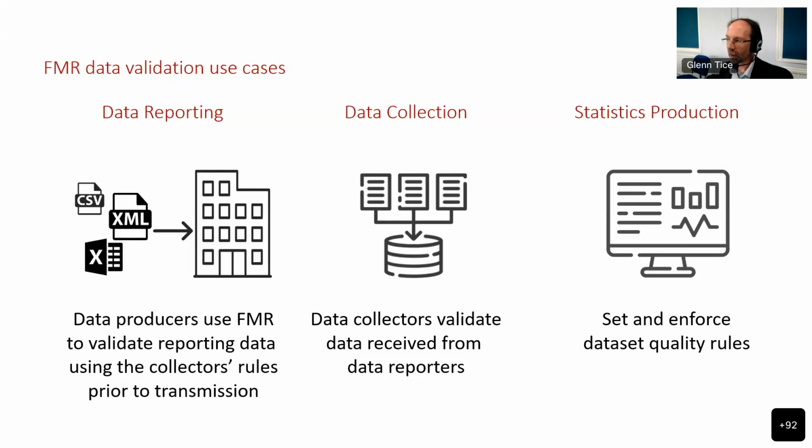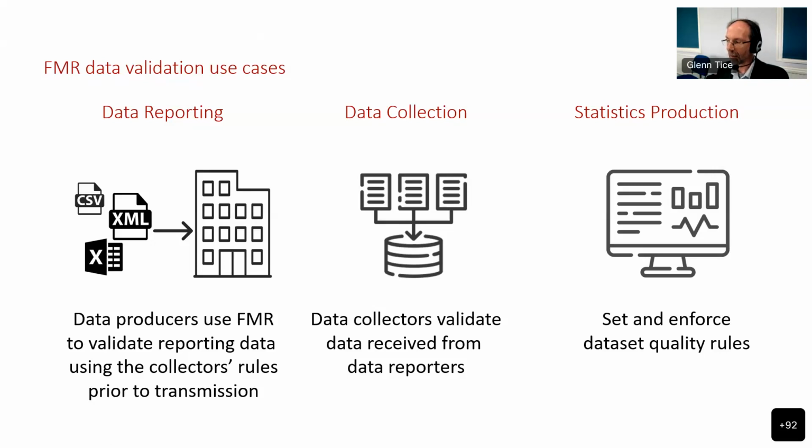The third key use case is statistics production. In the statistics production lifecycle, it's important, obviously, that the data is known to be of good quality as it moves from one stage in the production lifecycle to the next.